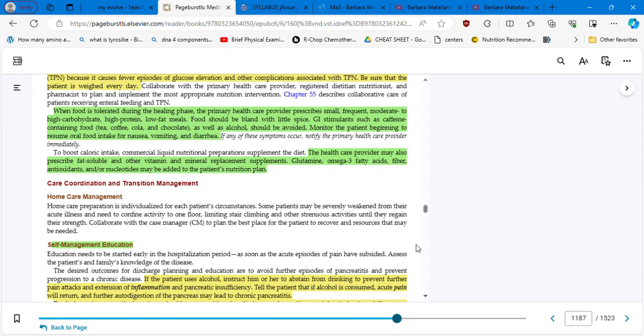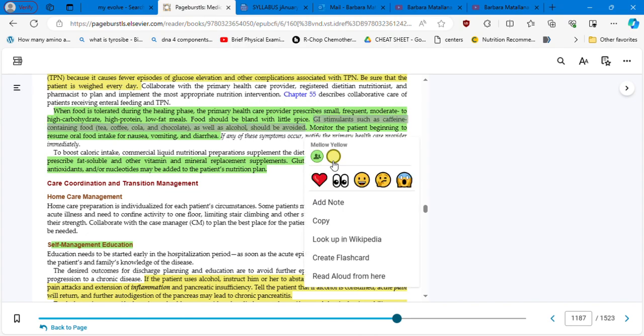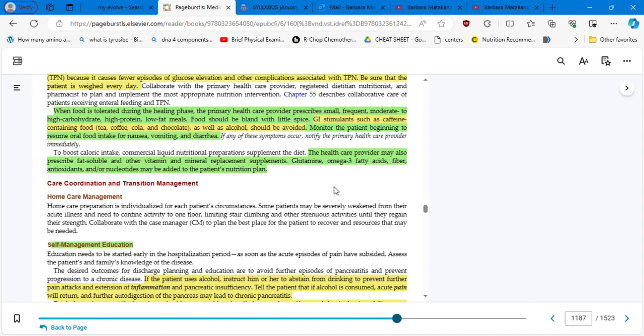GI stimulants such as caffeine-containing food, tea, coffee, cola, and chocolate, as well as alcohol, should be avoided. I'm going to highlight this in other colors so you know that the patient in recovery of acute pancreatitis should avoid caffeine-containing food, tea, coffee, cola, chocolate, as well as alcohol, okay?